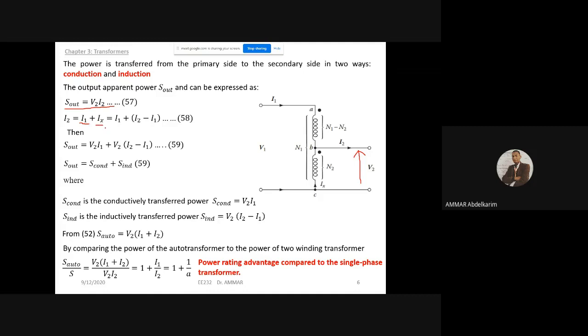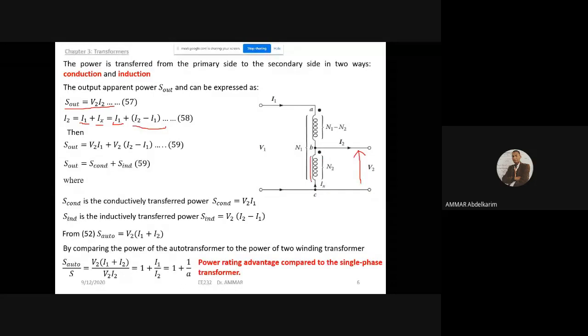I2 equals the current from the primary plus the induced current, I1 plus Ix. Ix is I2 minus I1 because it's in the opposite direction to I1. So the output apparent power equals V2 I1 plus V2 times (I2 minus I1).